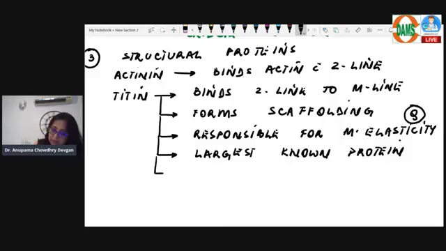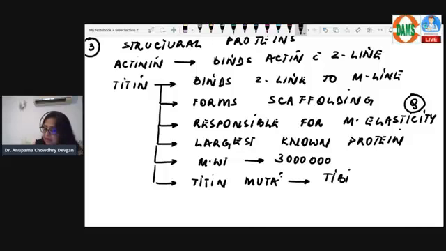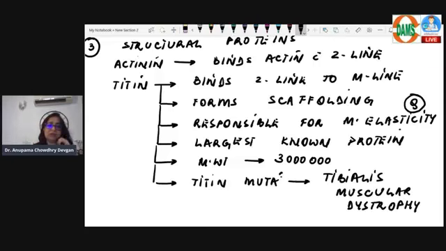And what is the molecular weight of titin? This is 3 followed by 6 zeros, 3 million. Titin mutation gives rise to a clinical condition called tibialis muscular dystrophy.